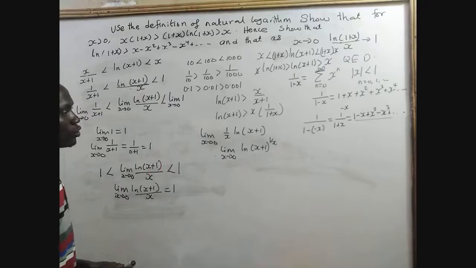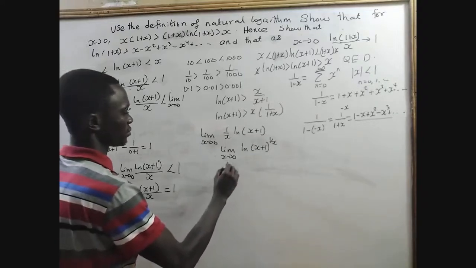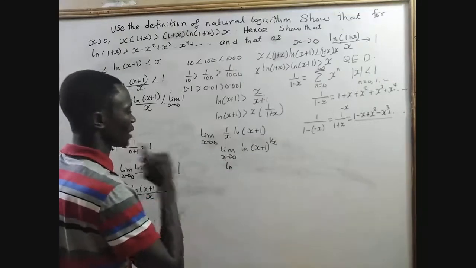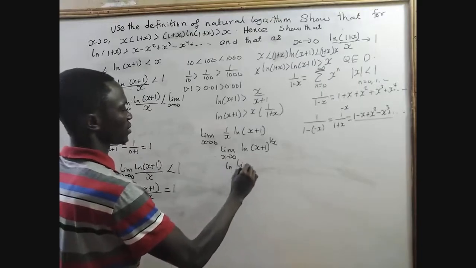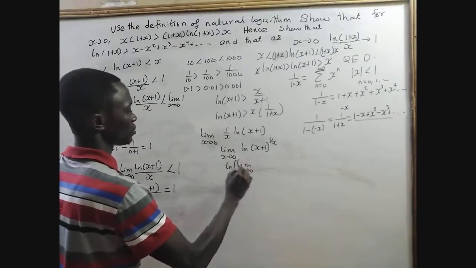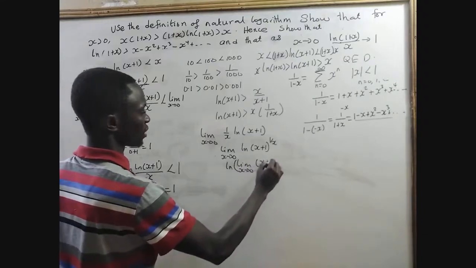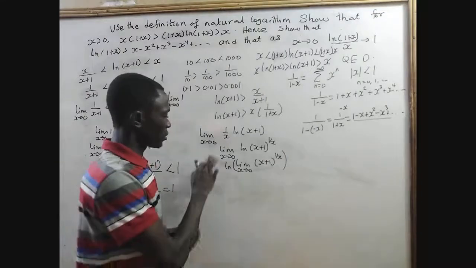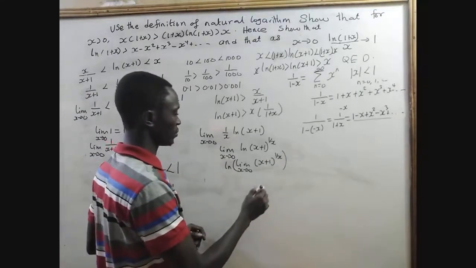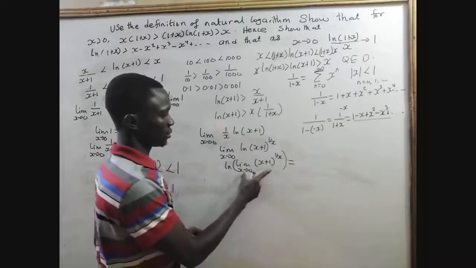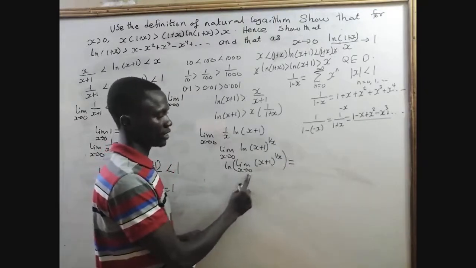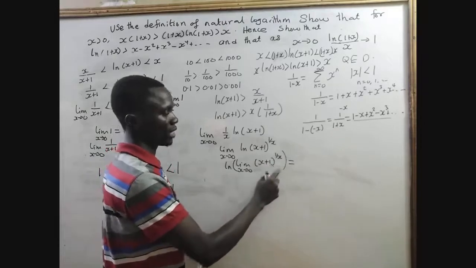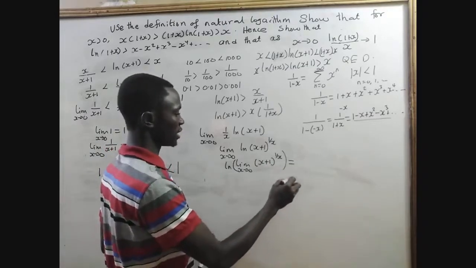So let's clean this one. So what do we do? So here we have this one, then you put this one there. Now the limit as x approaches 0, x plus 1 to the power 1 on x, we have the limit as x approaches 0 of x plus 1 to the power 1 on x to be equal to e.